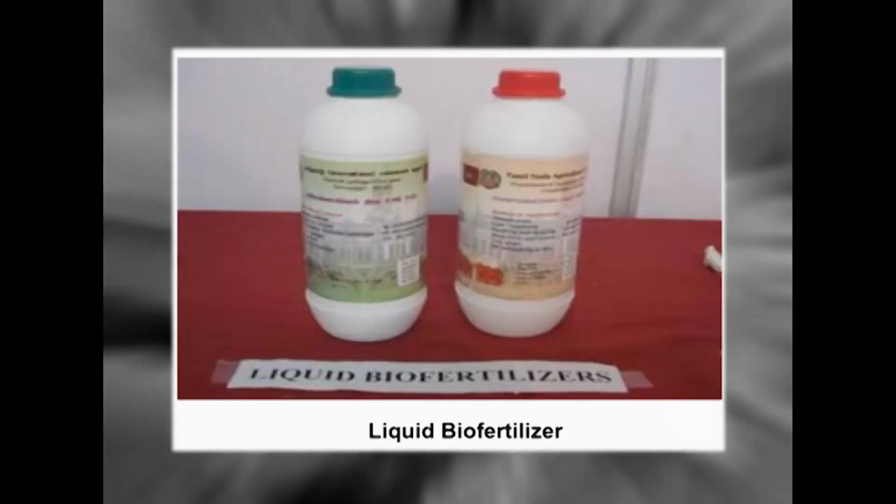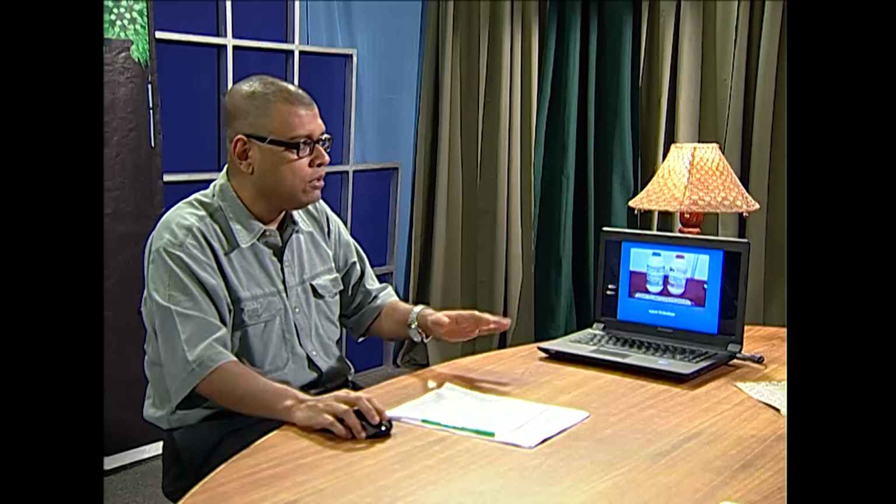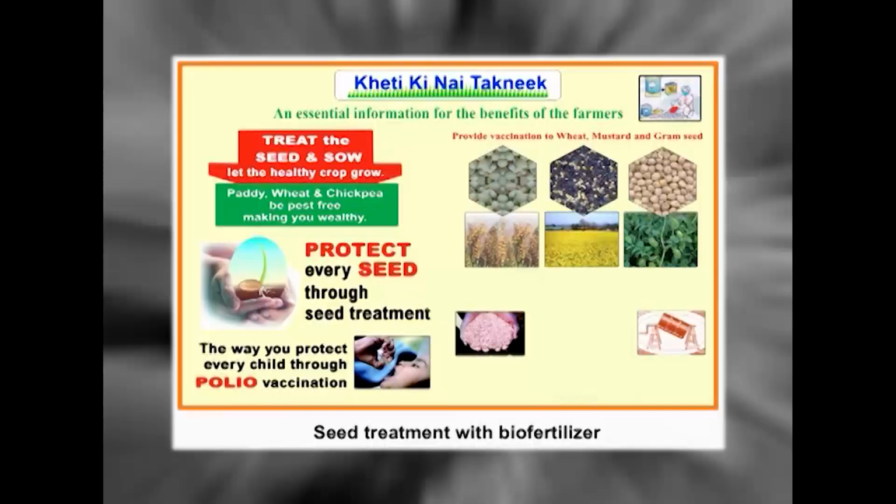But biofertilizer application usually is carried out in liquid form, and these liquid biofertilizers are really very important. Sir, what is liquid biofertilizer and how can we apply it? Yeah, liquid biofertilizer is basically, I told you, some specific microorganisms grown in a nutrient enriched liquid medium, and they are directly applied to the soil, or through a specific mechanism which you can see here.